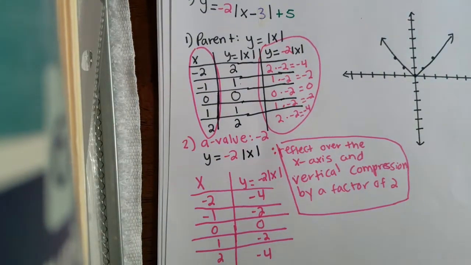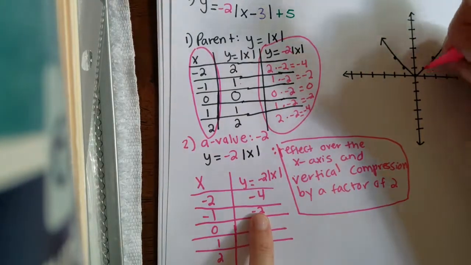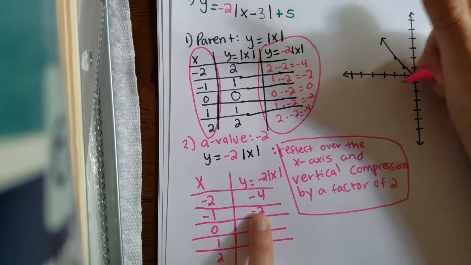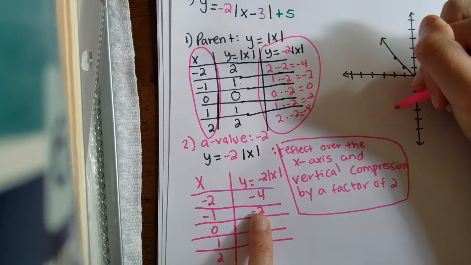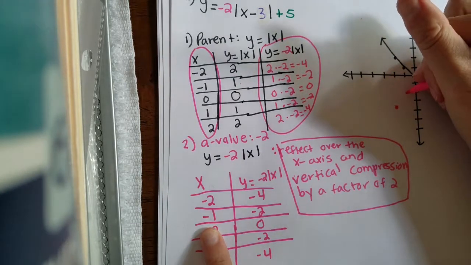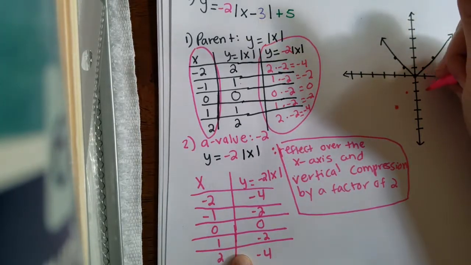Alright, and now what we're going to do is graph that. So over here, I'm going to say negative 2, negative 4. That's my first point. My next point is at negative 1, negative 2. My next point is at 0, 0. My next point is at 1, negative 2.